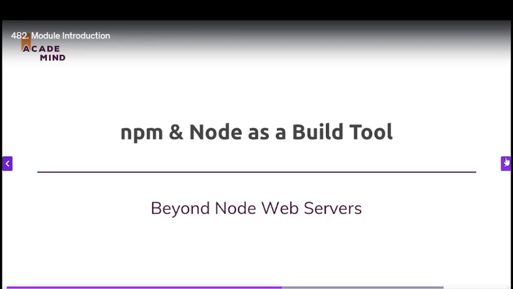And that does not have to be a web application or a server-side web application. If it is one, it could be a front-end web application too, like the React app we had in this course, the front-end for the REST and the GraphQL API. And in this module, we'll briefly dive into that, and I'll explain why that is the case, what exactly NPM is, how we can use it, and how we can use Node as a build tool.